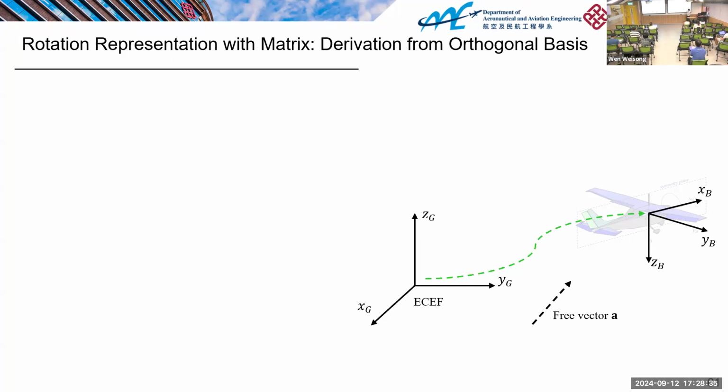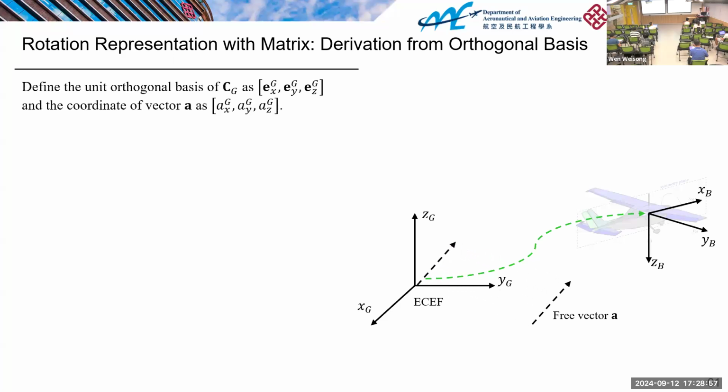The z and z are in opposite directions holistically. So xb, yb, the transformation of the two coordinates is the pose of this aircraft with respect to the ECF.